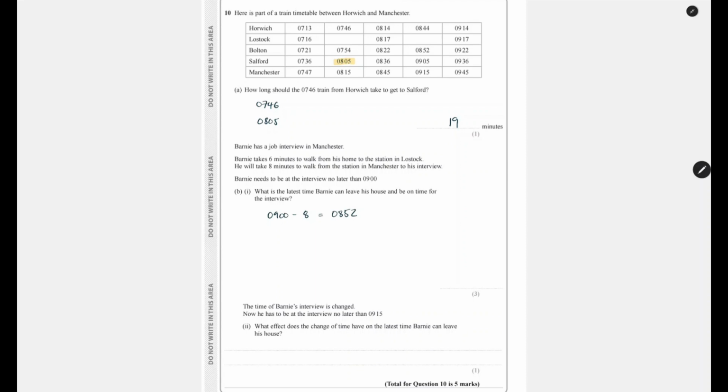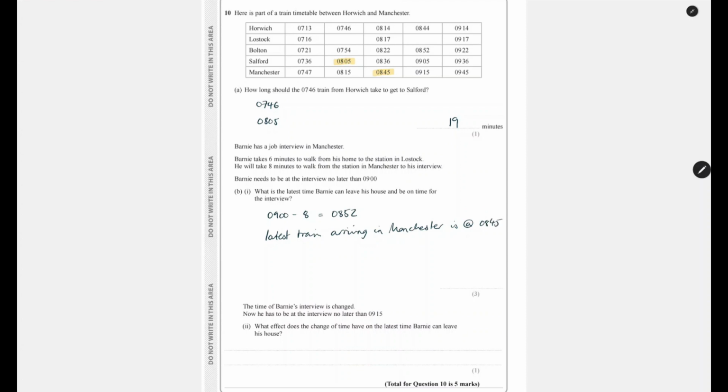Looking at the timetable, the closest time to 8:52 arriving in Manchester is here at 8:45. And so the latest train arriving in Manchester is at 8:45.